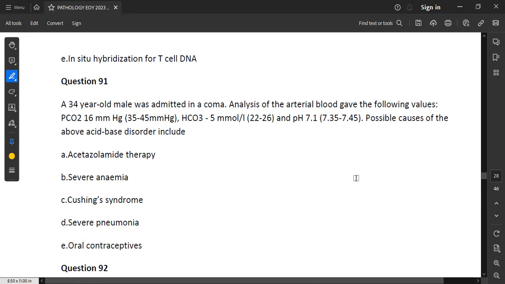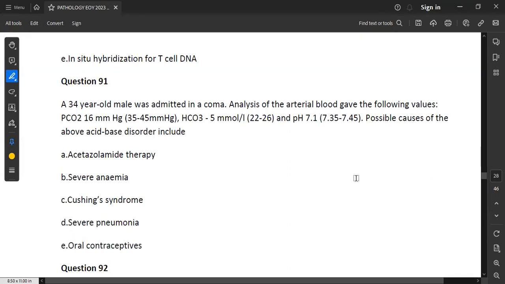Then in metabolic acidosis, we have a normal anion gap and an anion gap metabolic acidosis. There's a mnemonic I usually use for the causes of metabolic acidosis: LADDER.